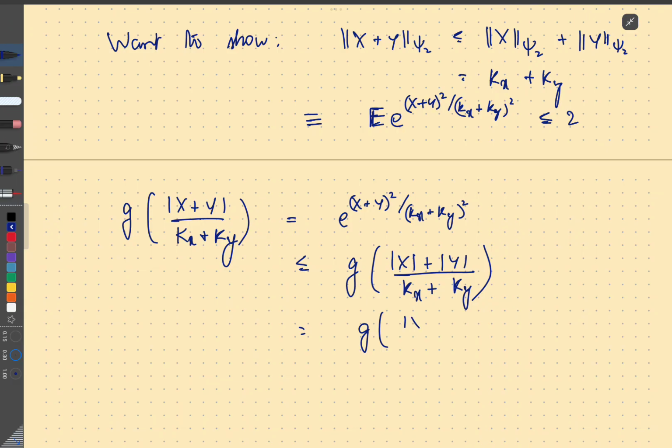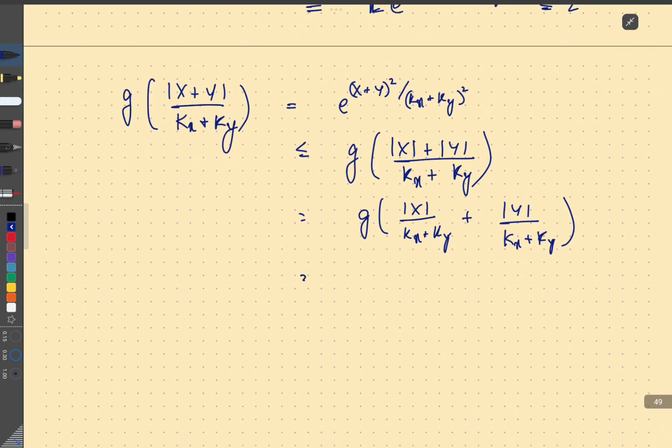This is g of mod x by kx plus ky plus mod y by kx plus ky. I'll multiply and divide by kx for the first term and multiply and divide by ky for the second term.